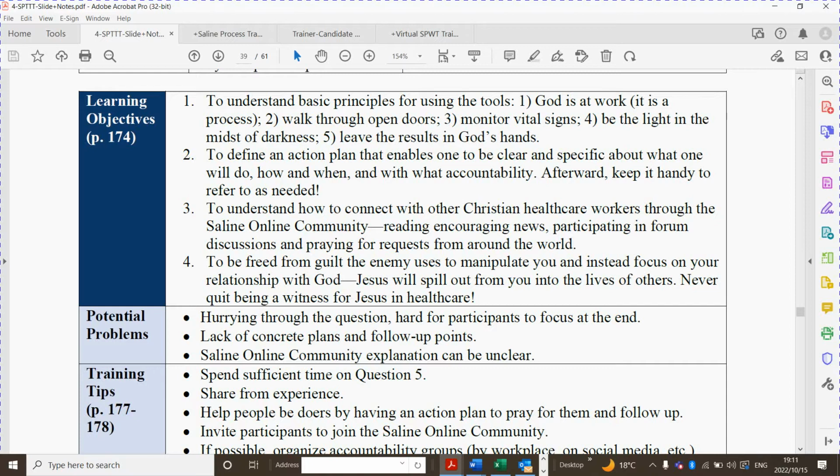What then is there in the training tips? The need to make question 5 a working question or working concept as much as possible cannot be overemphasized.